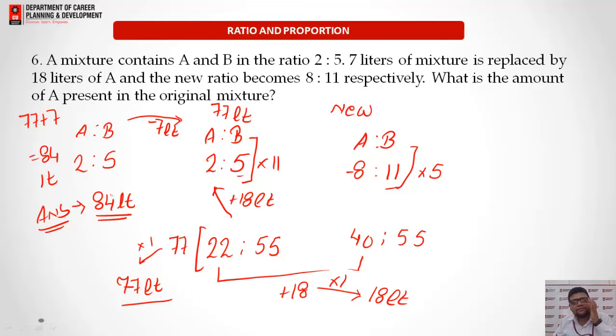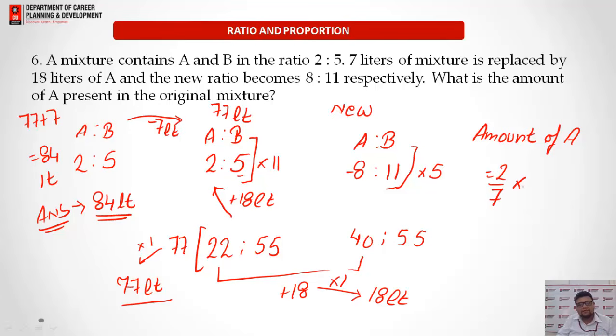But in the question we have to find the amount of A present in the original mixture. Amount of A is what is asked of us. So A is how many parts? A is 2 parts out of a total of 2 plus 5, that is 7.